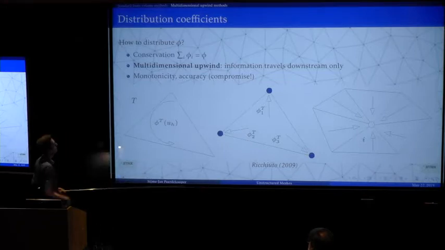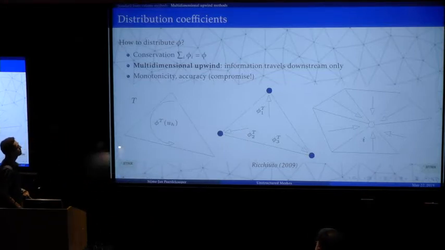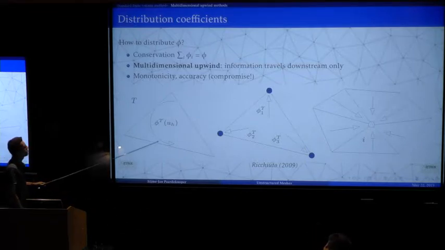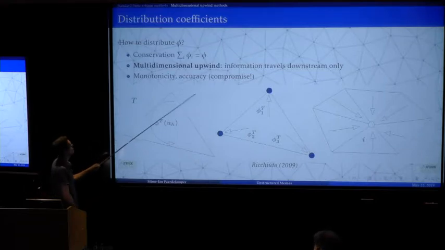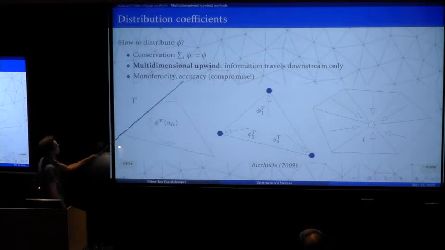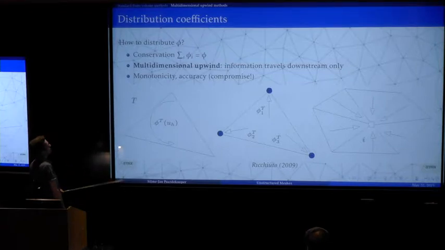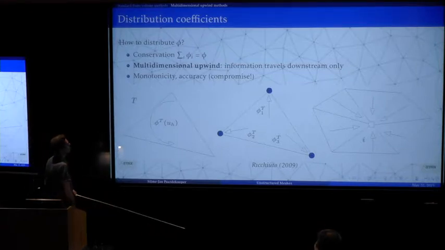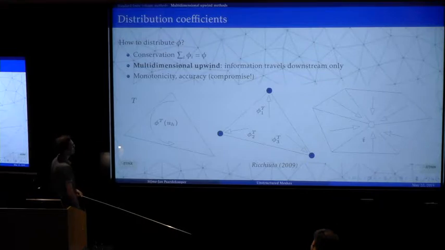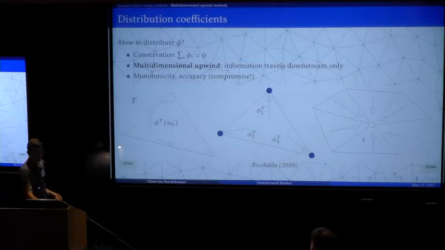We can take into account the multidimensional flow, unlike in, for example, a dimensionally split method. Of course, we also want the method to be as high order as possible, very accurate in smooth flow. We also want it to be monotone. So there's of course a compromise there. But these are general for any finite volume method.